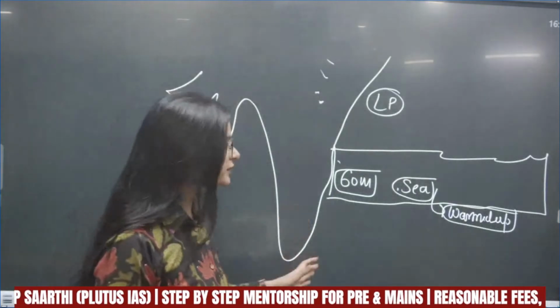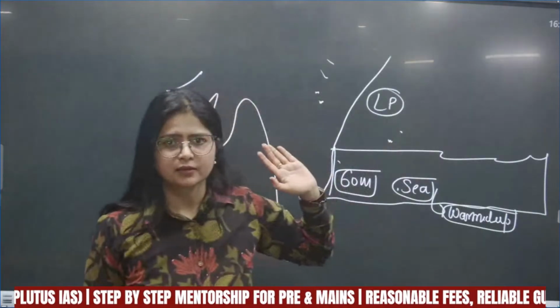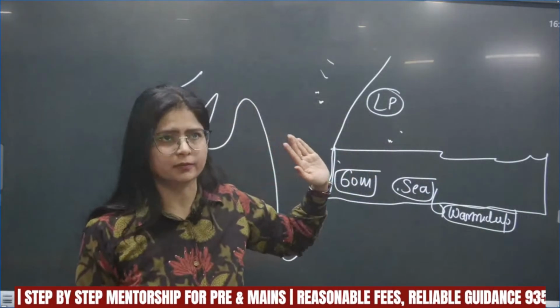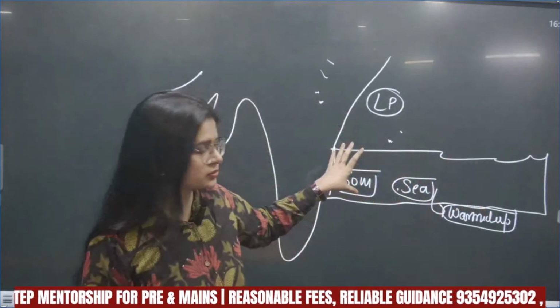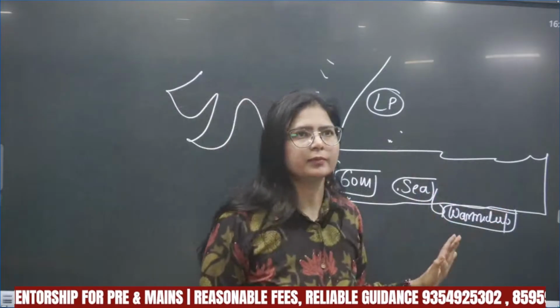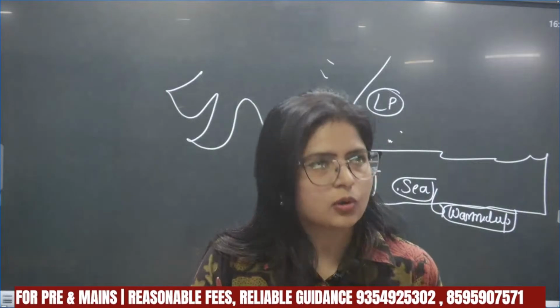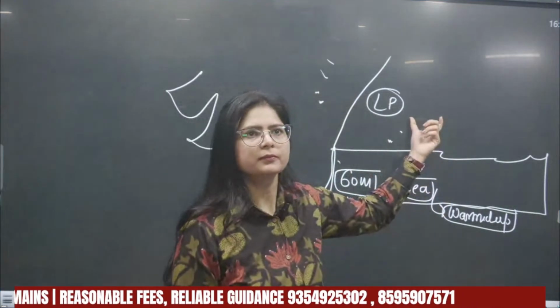It should not be that a temporary low pressure system has been formed and then it's over. In that case, cyclones will not be formed. At least 60 meters of the water depth should have the warmth. It should be so well developed that it can fuel it up, right?